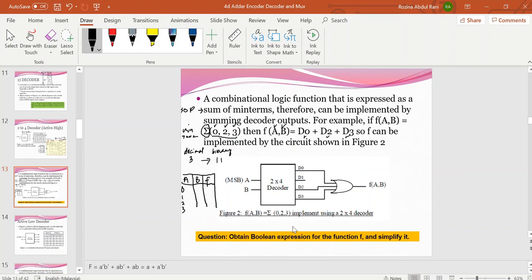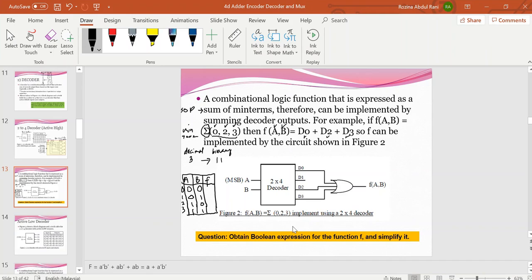If you convert these decimal numbers into binary, 0 is represented by 0, 0. 1 is 0, 1. 2 is 1, 0. 3 is 1, 1. This is what your truth table looks like.